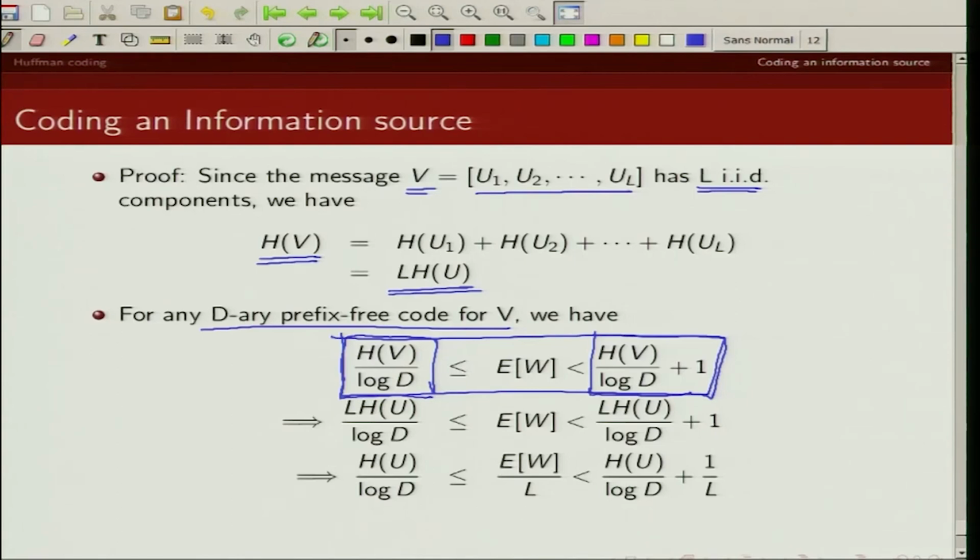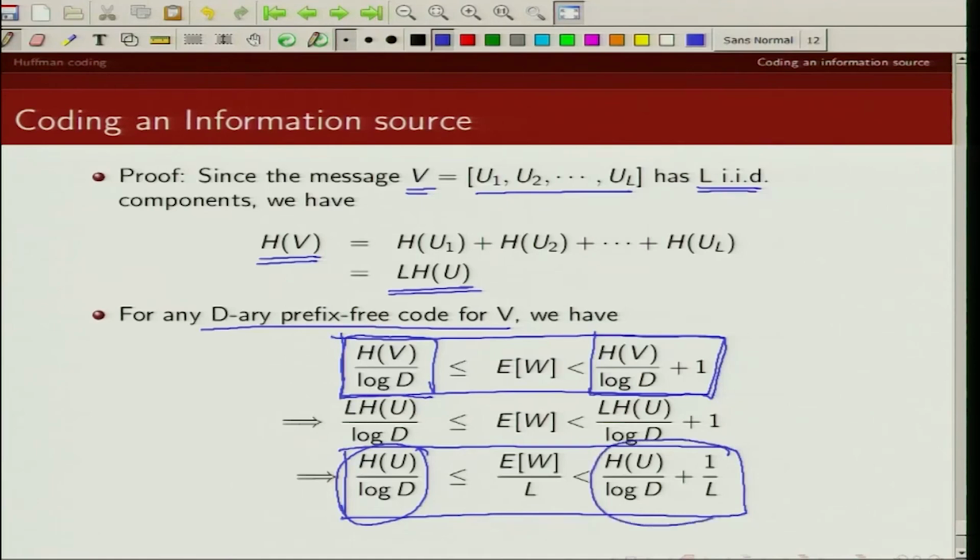So if we plug in the value of the uncertainty in V, we get L times H of U over log D as the lower bound on the expected code word length, and L times H of U over log D plus 1 as the upper bound. Now if we divide by L, we get the relation that the average code word length per source symbol is lower bounded by this entropy quantity and upper bounded by this quantity.